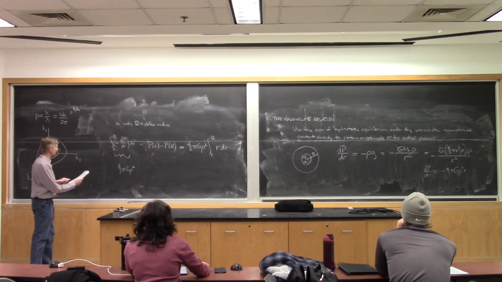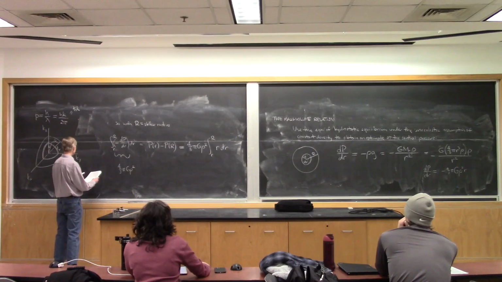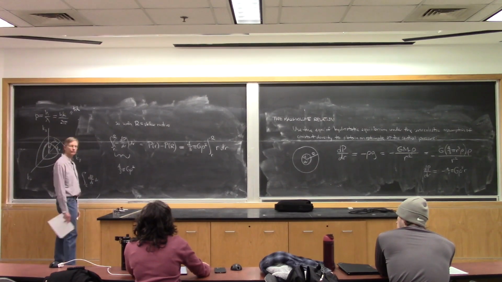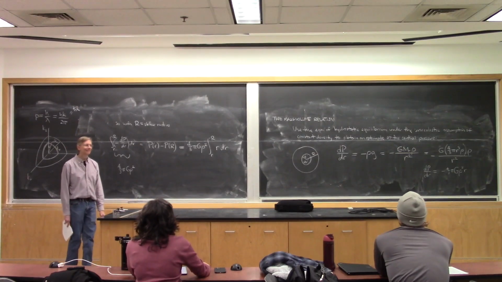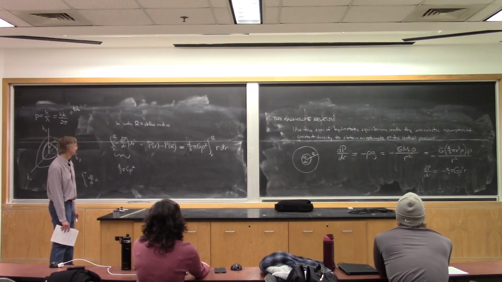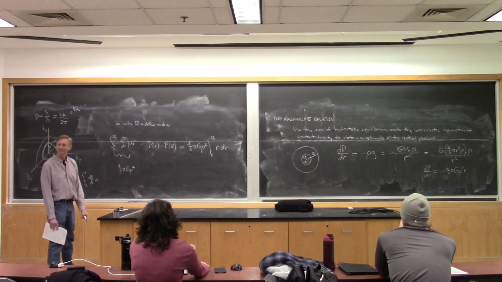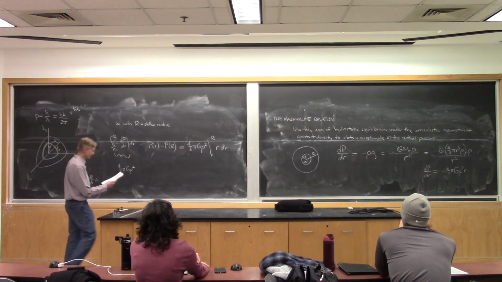What I probably should have done is just take the integral from capital R to little r of dp dr dr. I don't think I'm in trouble here. It's what I have in my notes, so it can't be wrong. Are we okay with this? I think it's okay.